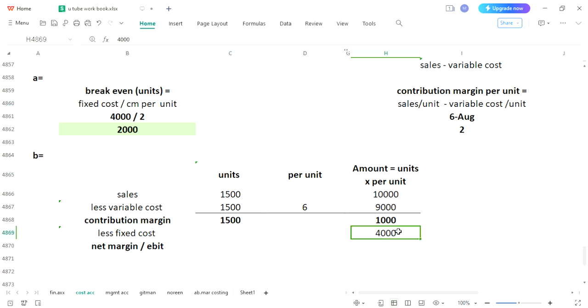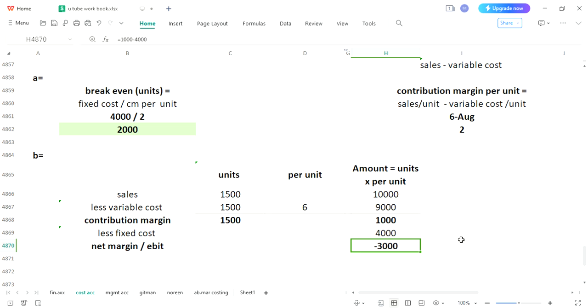So now we are ready to calculate our net margin, which is the difference between fixed cost and contribution margin. Your fixed cost is 4,000, contribution margin is 1,000. So 1,000 minus fixed cost 4,000. You have got your net margin or earning before interest and tax.